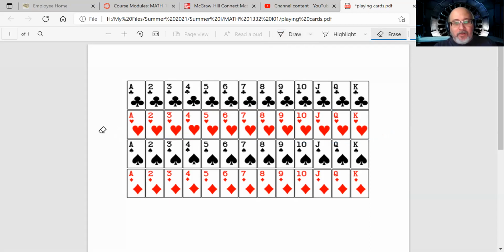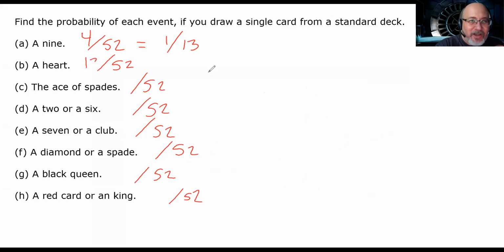So the probability of drawing a heart is 13 out of 52. And remember what I told you to know about the number 52? It's 13 times 4. We can divide both sides of this fraction by 13. That would give 1 on top, 4 on bottom. There's a 1 in 4 chance of drawing a heart. And if you think about it, that makes sense because there's only 4 suits and they're all equally distributed. So you got a 1 out of 4 chance of drawing a heart.